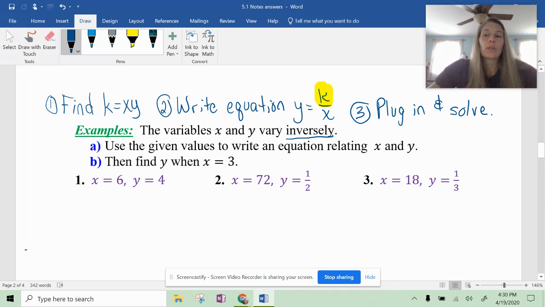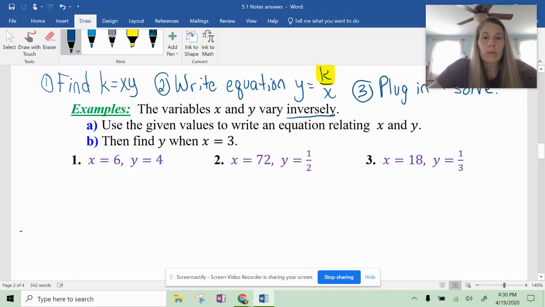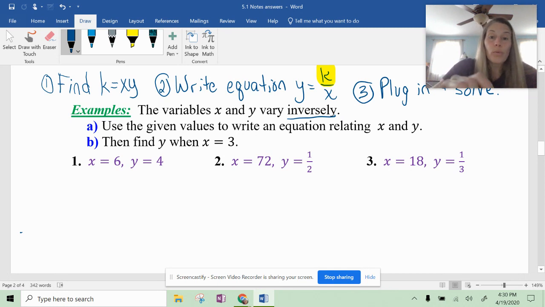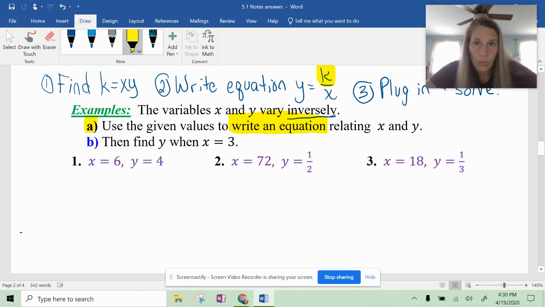Okay, so taking a look here, it says use the given values to write an equation relating x and y. So the whole point here is that we want to write this equation. That's part A. After you write the equation, part B says find y when x equals 3.